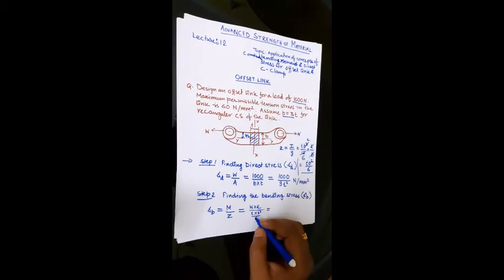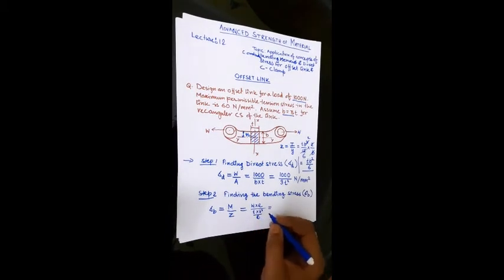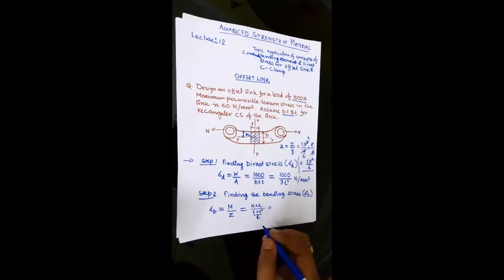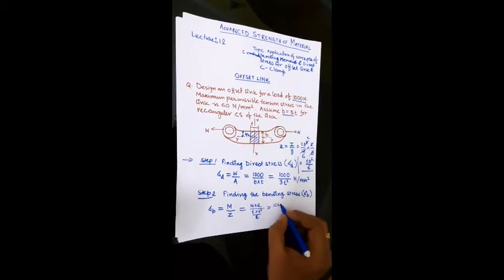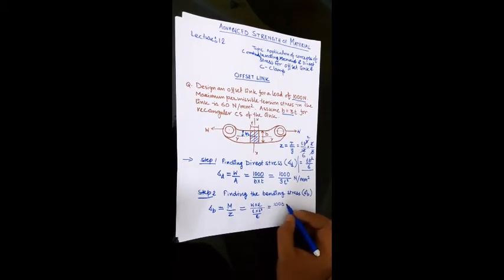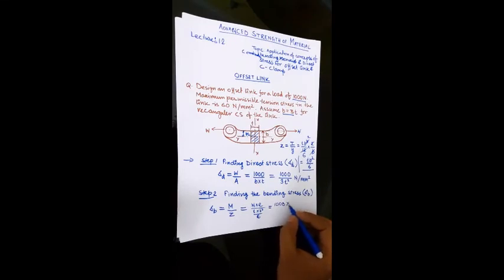If we calculate it, what can we get? In place of t b square, we know b is equal to 3t. So from that we can write w is nothing but 1000. E is our b by 2.